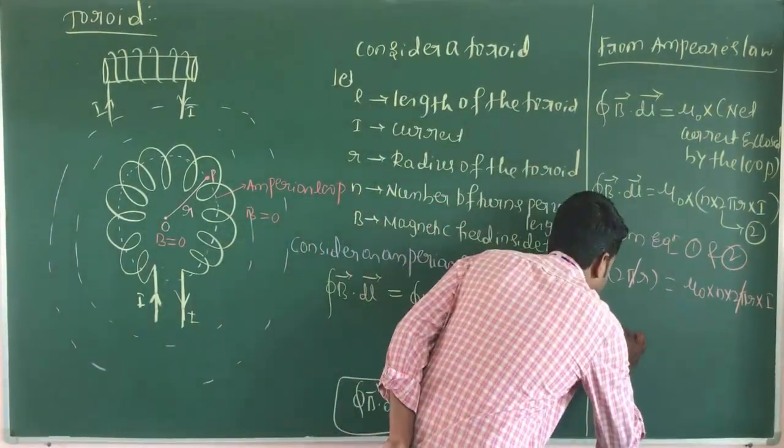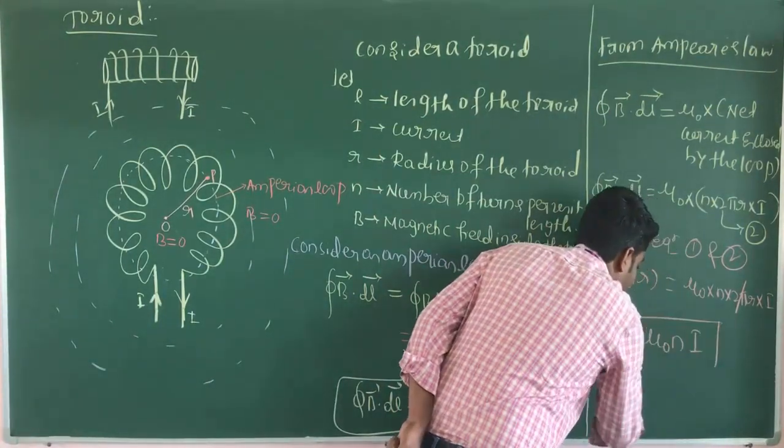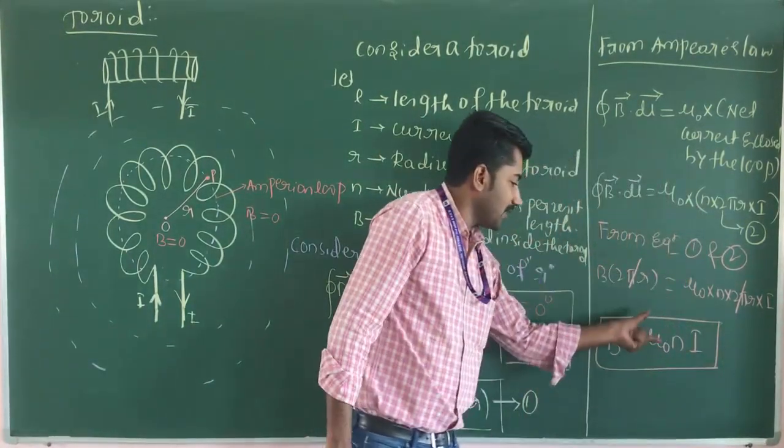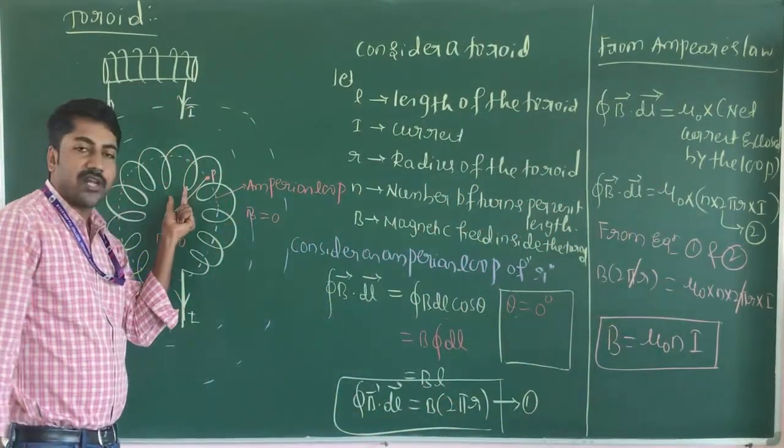Finally we get B is equal to mu naught n I, which is the expression for the magnetic field due to the toroid.